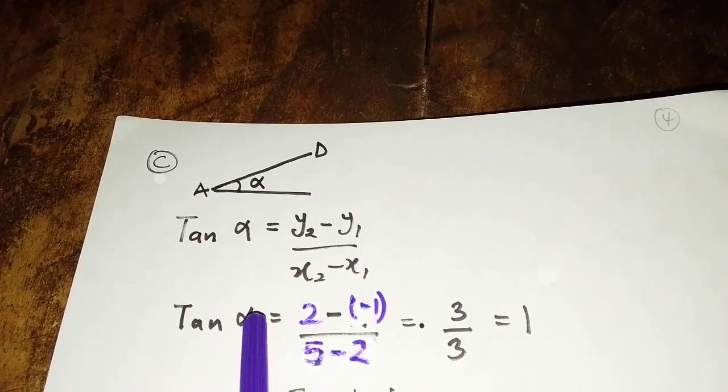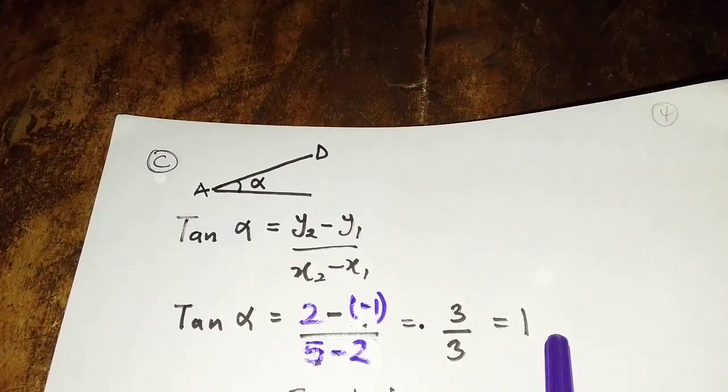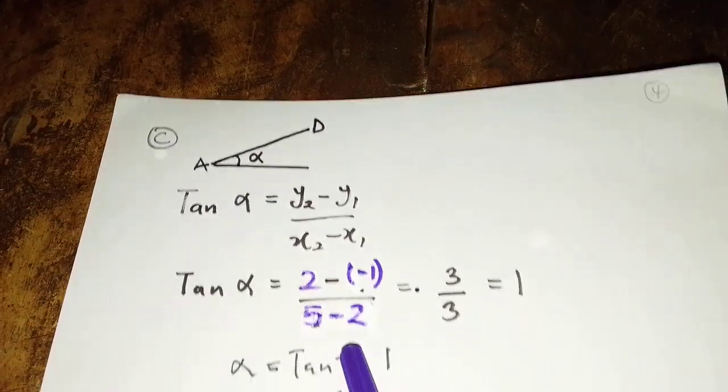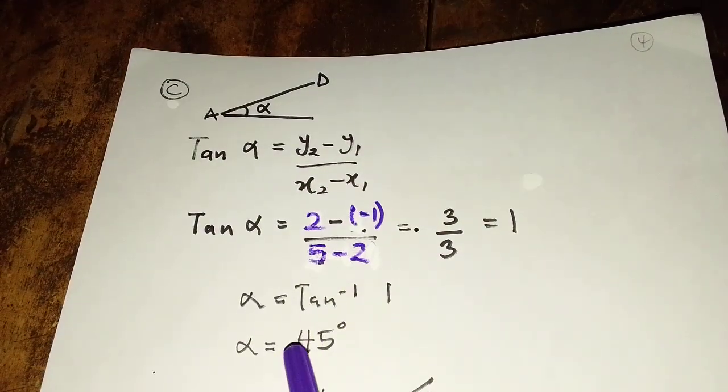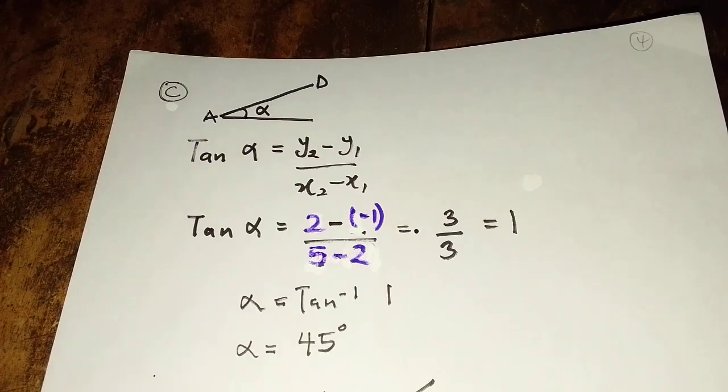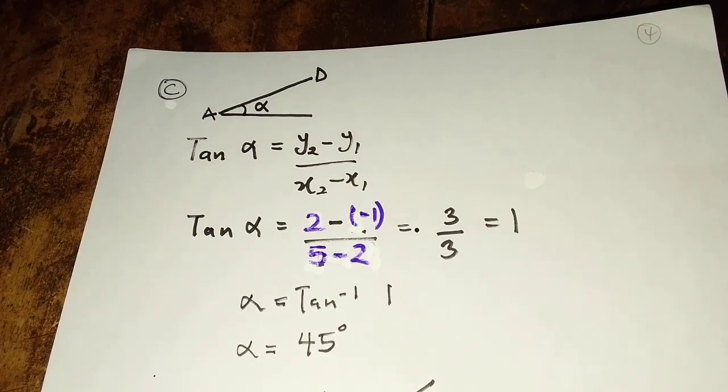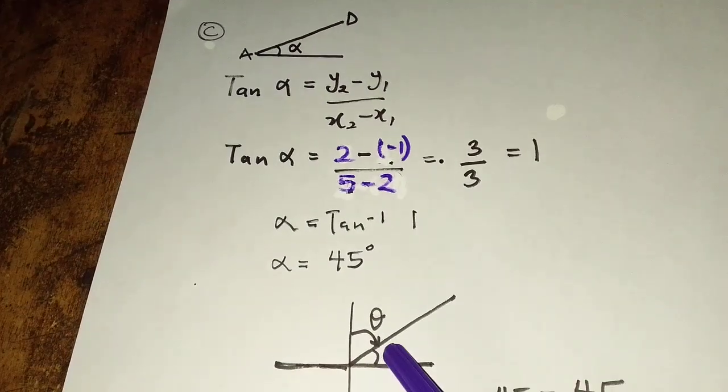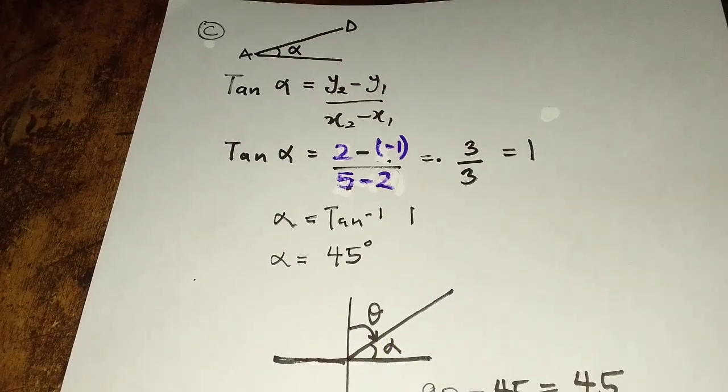So that alpha will be equal to arctan of 1. So the arctan of 1 will be 45 degrees.